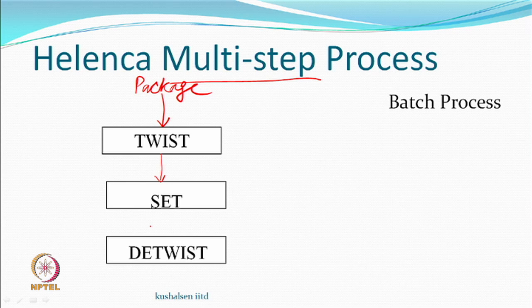Let us say it is a thermoplastic material, then maybe you will do the heat setting. And obviously from one package you have come to another package which is also twisted and has been subjected to some treatment like this. After that the same package is taken to another machine for detwisting, and then after detwisting what you get is a textured yarn.